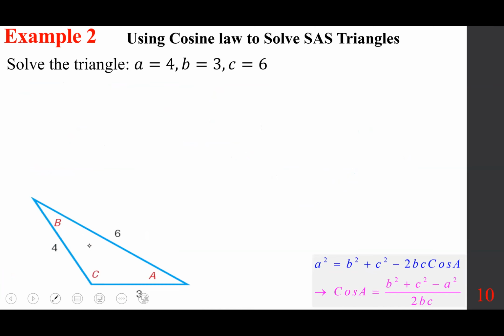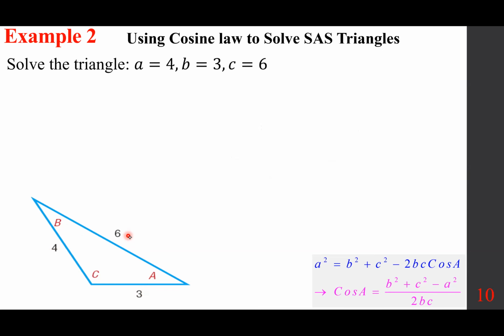We want to solve this. Lowercase a is 4. Lowercase b is 3. And lowercase c is 6. In other words, all sides are given. All angles are missing. And the very first step, you must use cosine law. You have no choice. After that, you have a lot of choices. You can do either way.